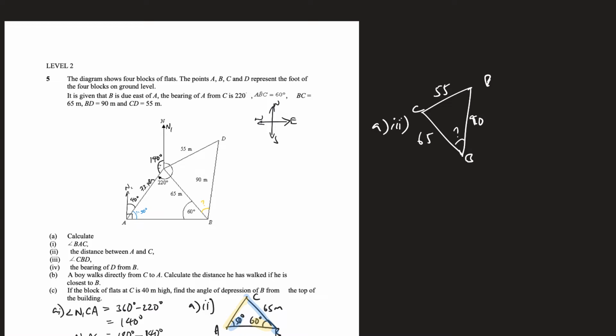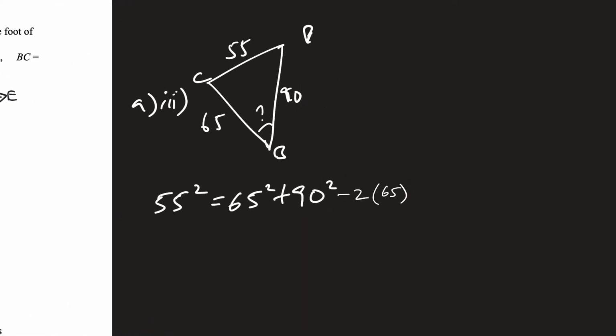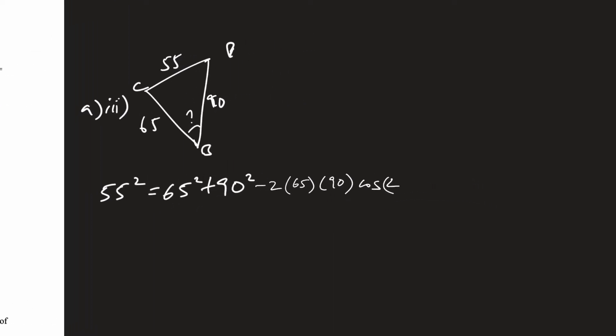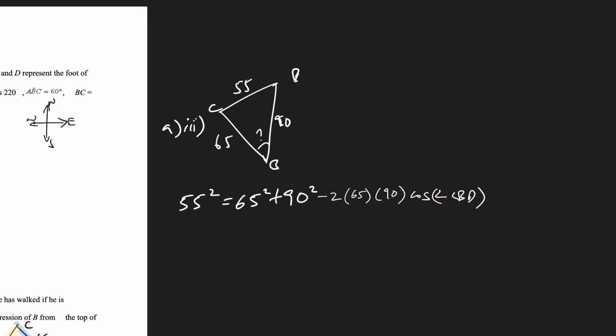And we're going to say 55 squared, or A squared, equals B squared plus C squared minus 2BC cosine of the angle in between, cosine CBD. Right? And this is what we're trying to find.